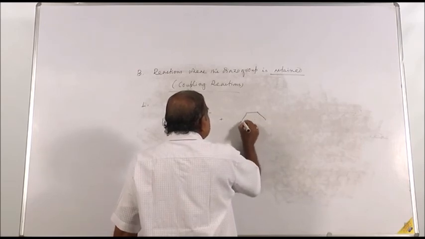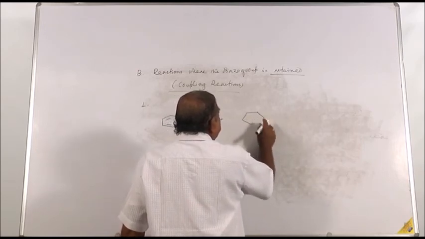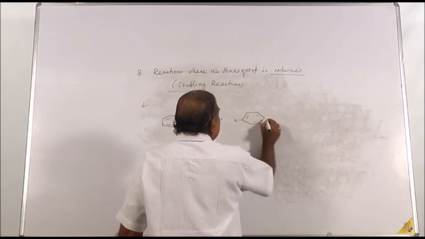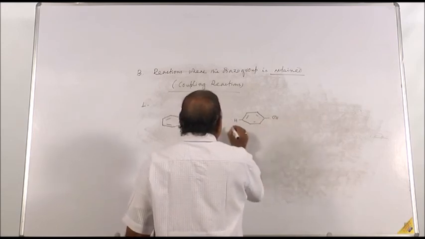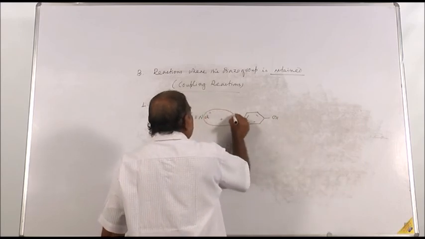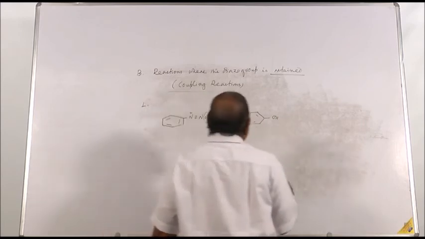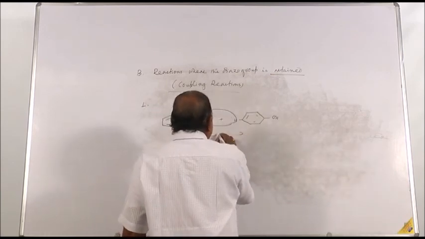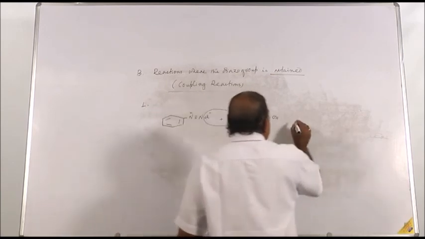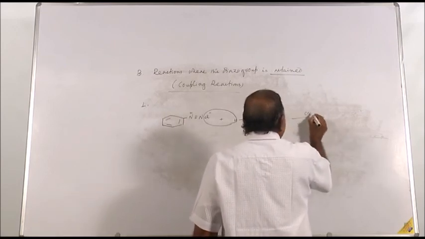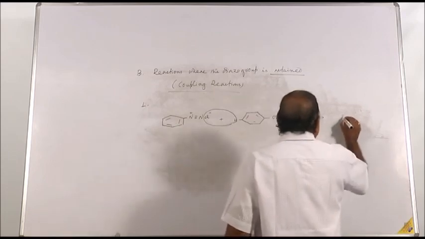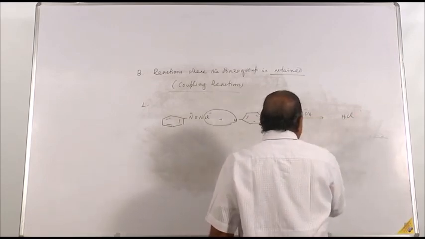So this is your phenol. The hydrogen atom at para position will react with the chlorine to liberate HCl. This reaction takes place in presence of an alkali. Alkali OH minus will neutralize the HCl produced. So HCl will be neutralized by the alkali taken.